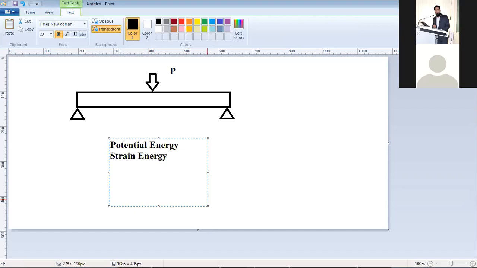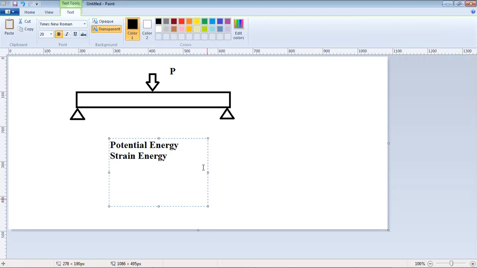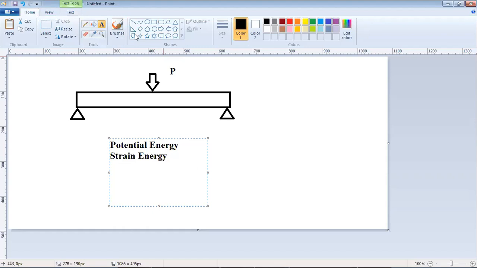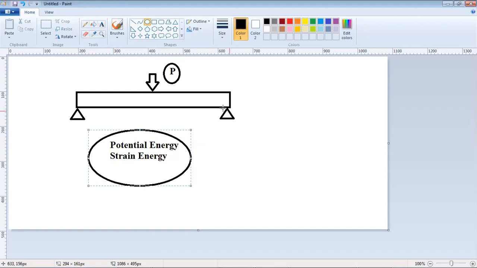Now, how is it stored? Whenever the element undergoes a certain amount of strain, that strain leads to the development of potential energy within the element. So for every work done, for every load that's transferred, load P, there will be a complementary strain energy which is stored within the system.